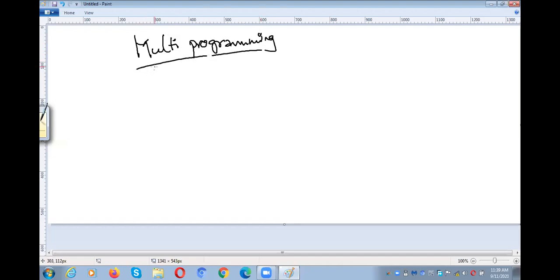So what is multi-programming? The main aim of multi-programming is to keep the CPU busy. How can we keep the CPU busy?